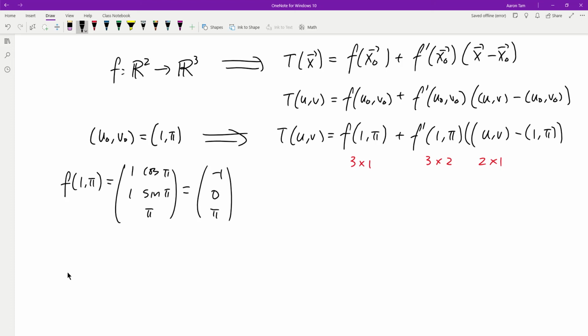Okay, so let's find f prime and then we can evaluate. So f prime of (u,v) would equal, and hopefully by now you're pretty good at taking the derivative to find the derivative matrix. First I'm going to differentiate with respect to u, so it's cosine v. And then take the derivative with respect to v, that would be -u sine v. And then sine v, u cosine v. 0, 1.